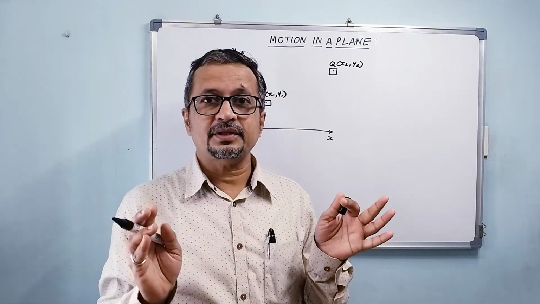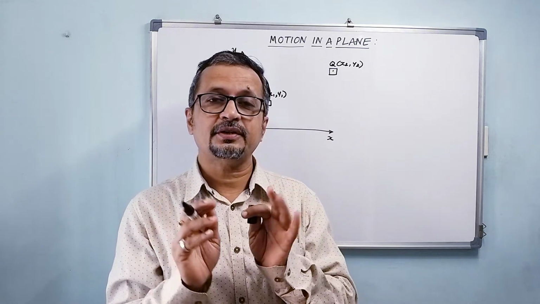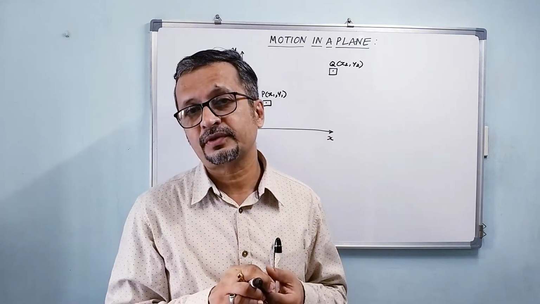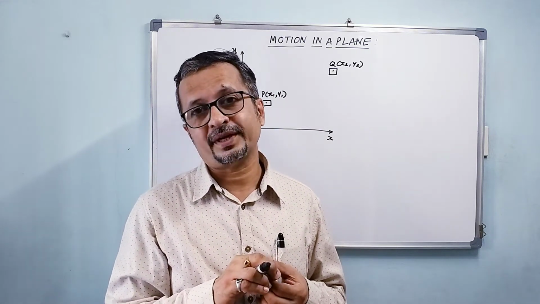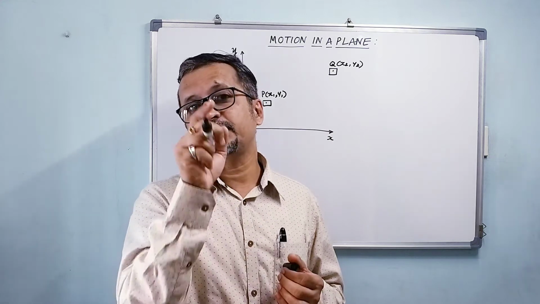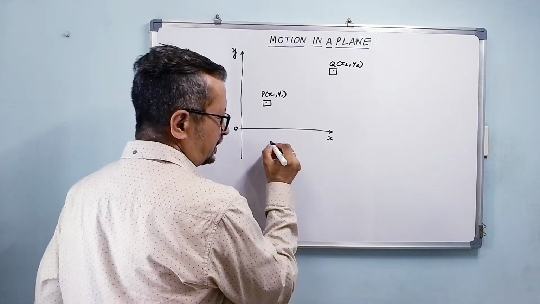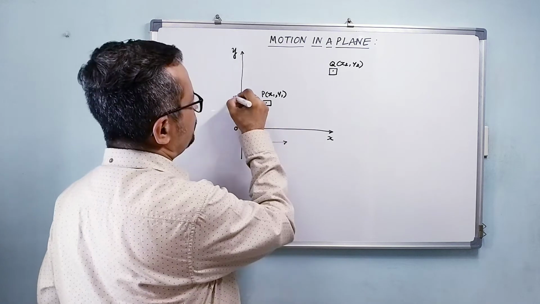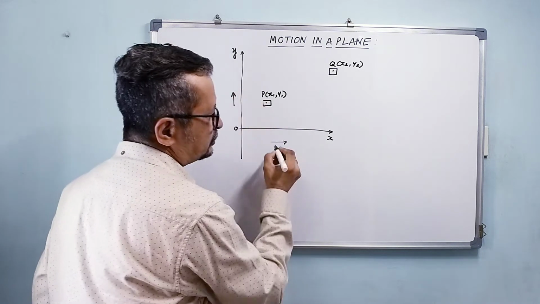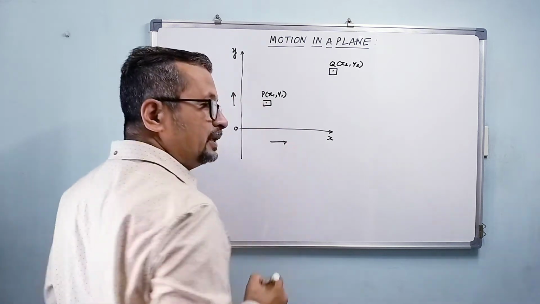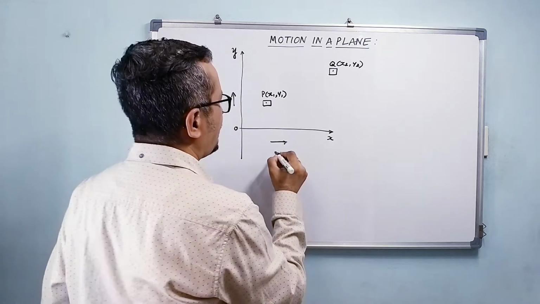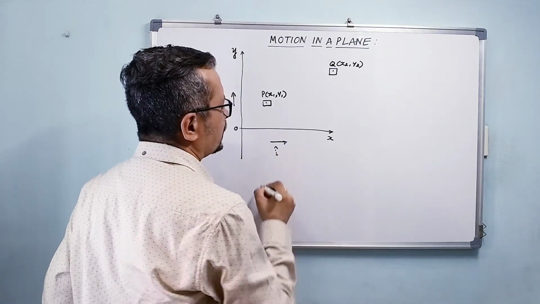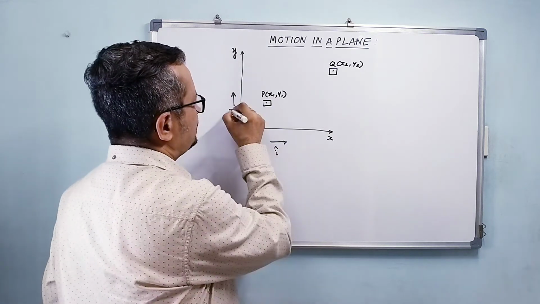So that means if I have to express this motion in terms of vectors, then I would need to specify some vector in the x direction and some vector in the y direction. So here what we do is we define I cap and j cap.